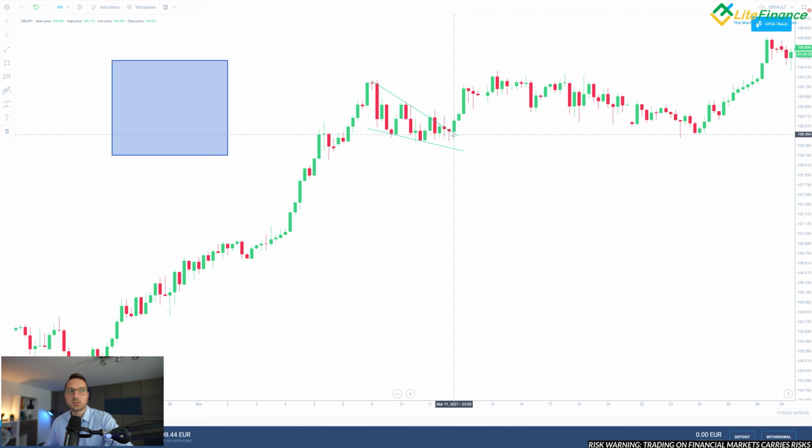But there are situations like this when, for example, we break through the pattern with one very strong candle, and therefore it is hard to enter the market. So this is not very precise, and on very low time frames with tight ranges, it is very hard to react and to enter the market.